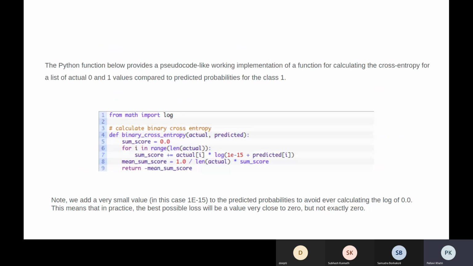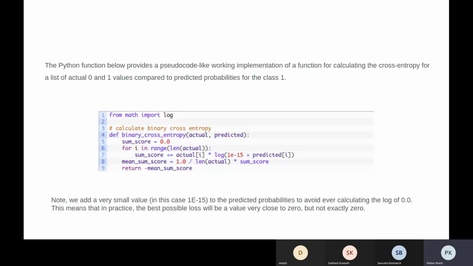I want to avoid calculating the log of 0. That's why I'm adding e to the power minus 50. This means the best possible loss ever calculated will have a value closer to 0 but not 0.